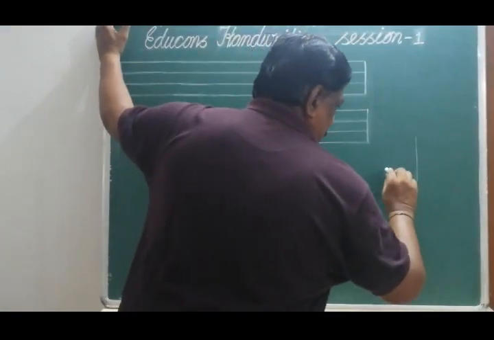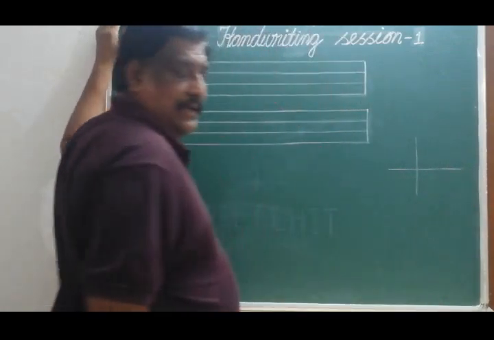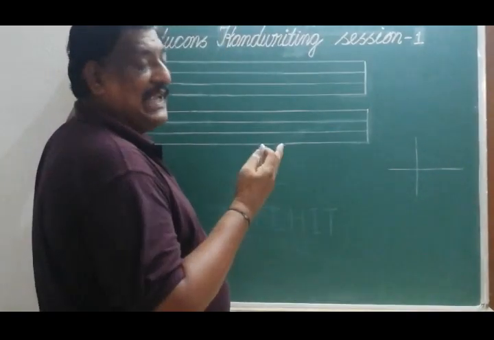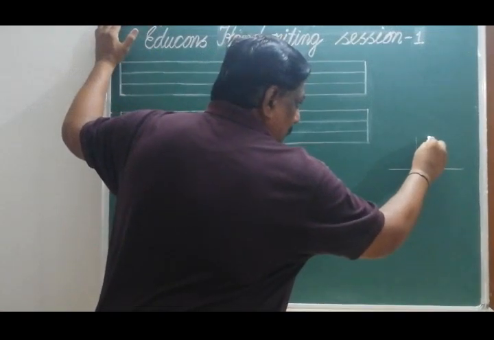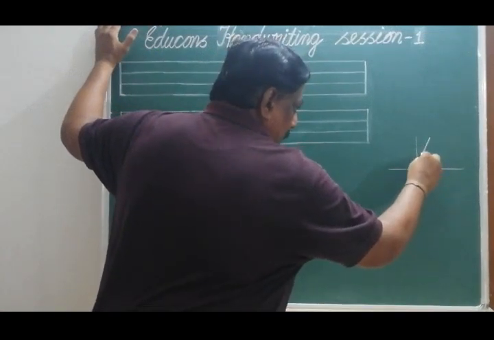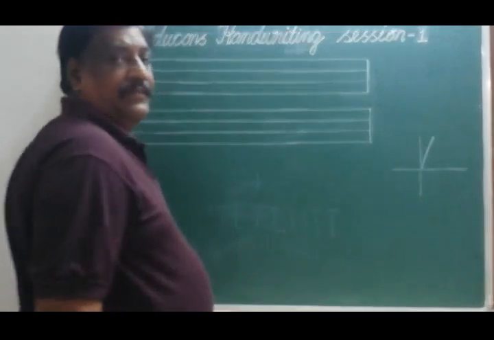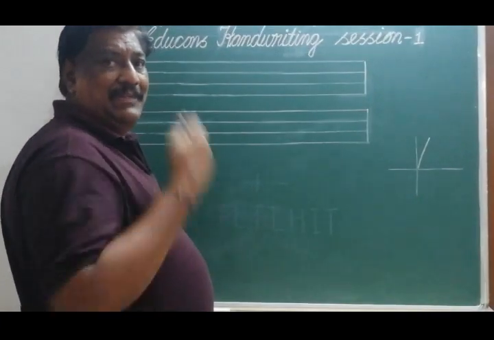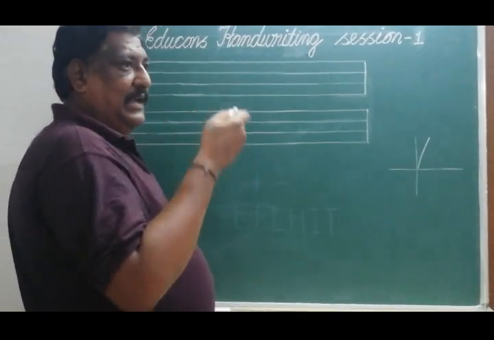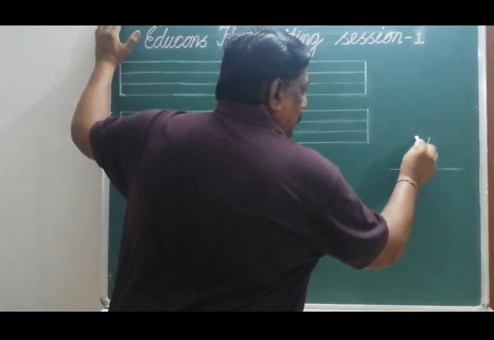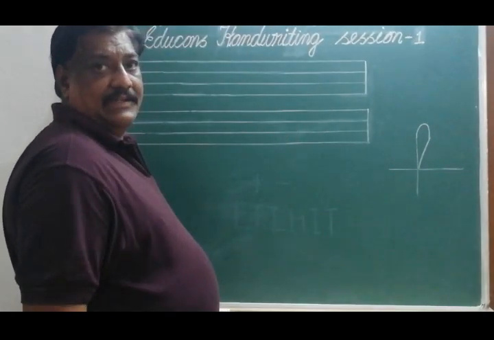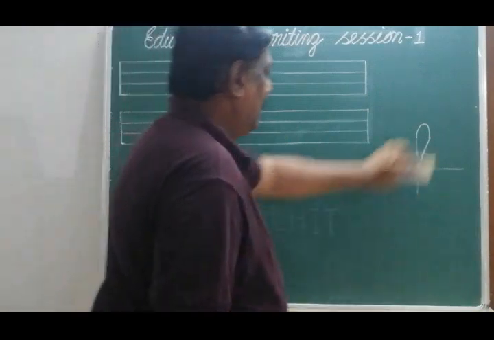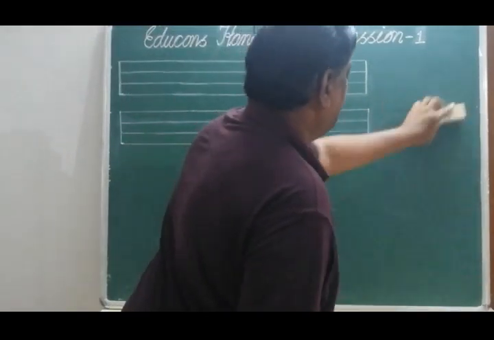Suppose I draw like this. Okay. How slanted should it be? The slant should be like this. Okay. Imagine, suppose we are drawing a letter L, the loop should be like this. This should be the slanting line size. Okay. We will be practicing this now.